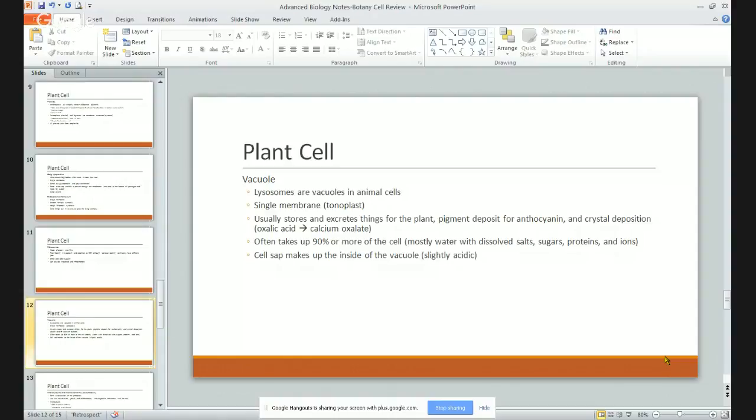Oh, I forgot. If you look at the pigment deposit for anthocyanin, where you're going to see this, some trees will turn purple in the fall, and that's because they have anthocyanin.